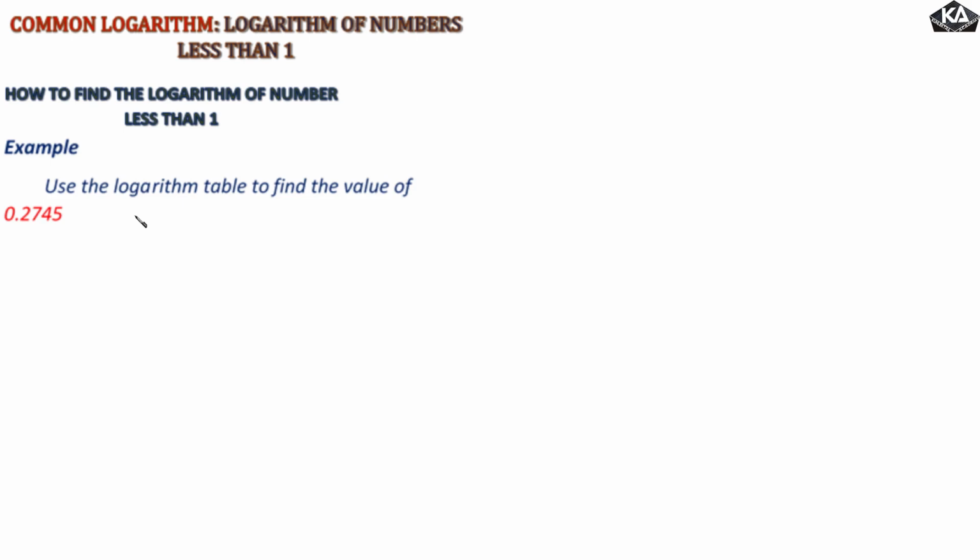It says use the logarithm table to find the value of 0.2745. Now the first thing you are going to be doing here, solution, is to convert this number to standard form. Now how do we go about that?